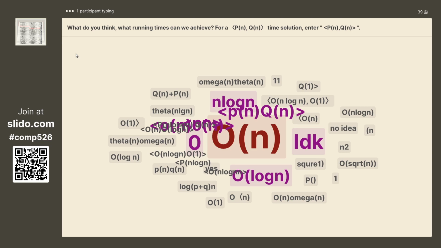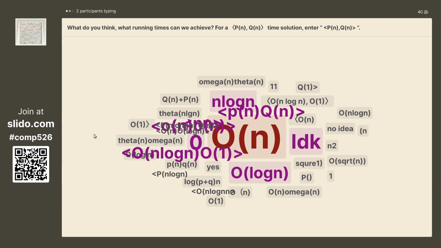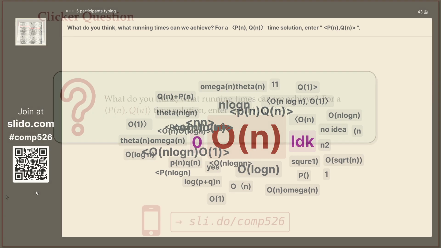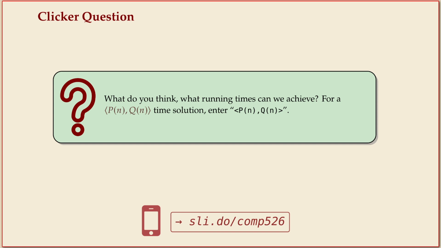Okay, you broke the algorithm for doing these word clouds. The middle one, big O of n for both, might be what we could read it as. Well, I don't want to give much away. We'll see. Okay, I'll just leave it open.